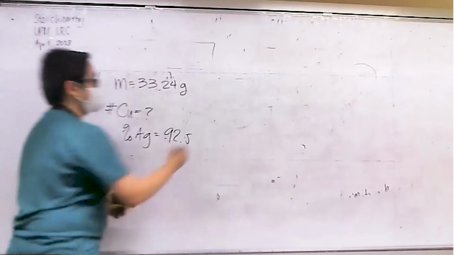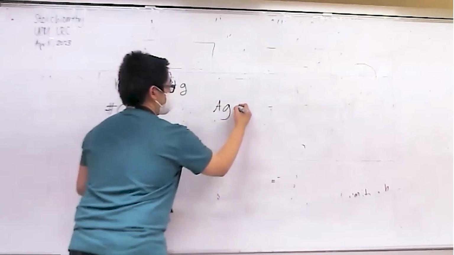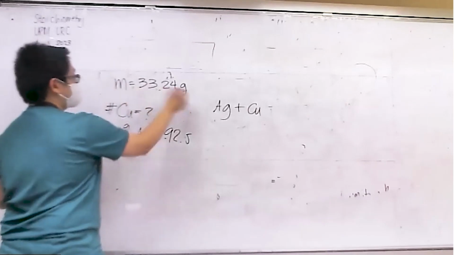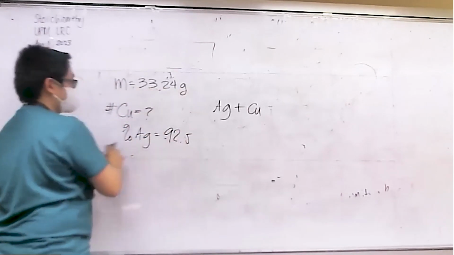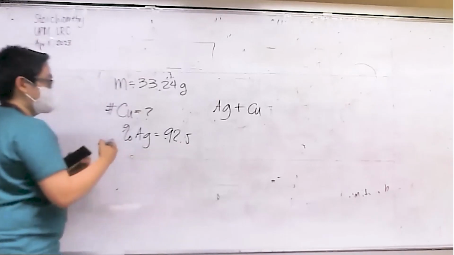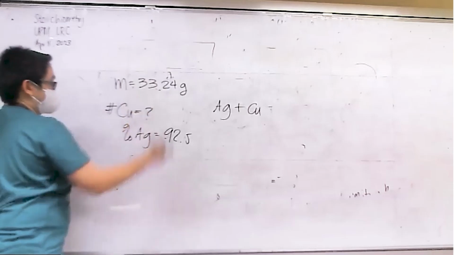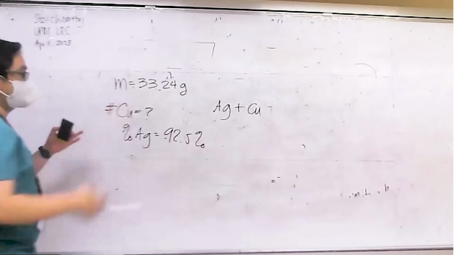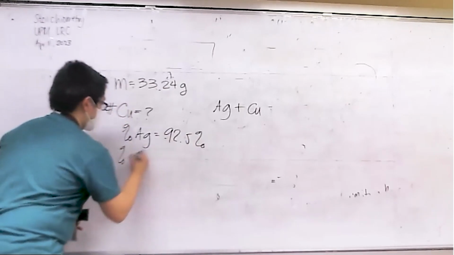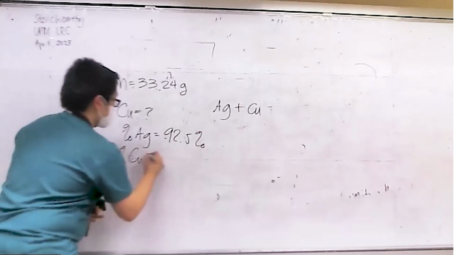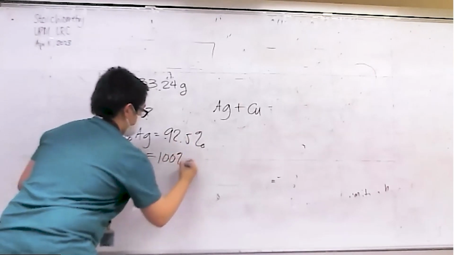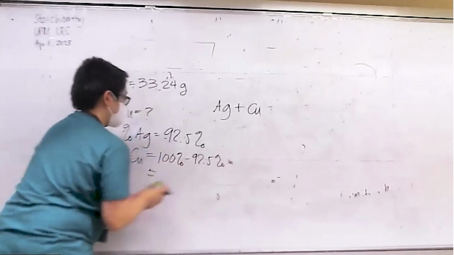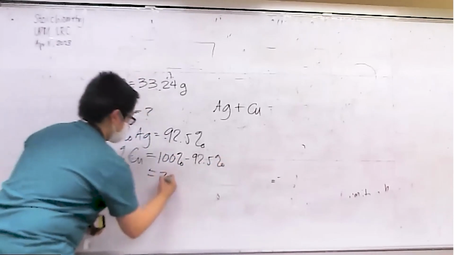copper. And since we know na silver at copper lang naman, if the whole sterling silver, the whole 33.24 grams, is 92.5% silver, then if we take this as 100% and subtract 92.5% Ag, obviously yung percent copper would be just 100% minus 92.5%, which is equal to 7.5%.